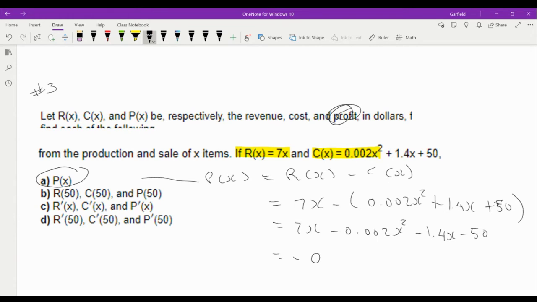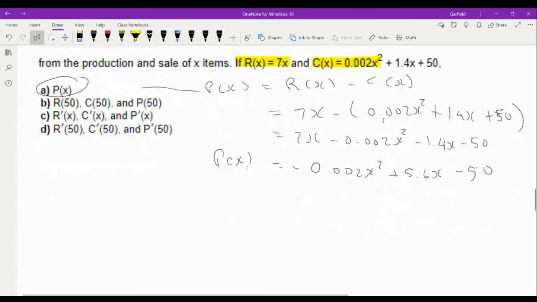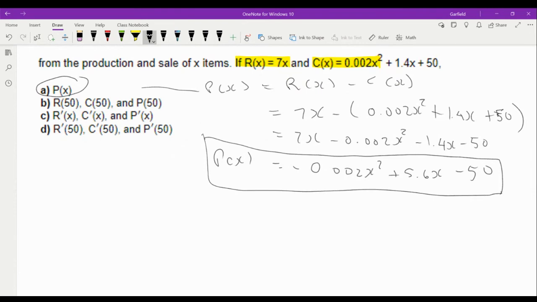And when we combine the x's, that should give us 5.6x minus 50. So here we go, that's part A. Find the profit function, p of x, assuming we made no errors. Part B says find r of 50. How do we find r of 50?